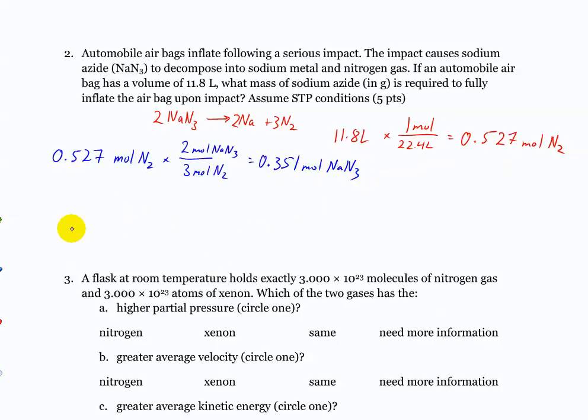Okay? And then 0.351 moles of sodium azide times the molecular mass of sodium azide. So sodium is 23 plus 28 for the 2 is 51. Wait, it's in 3. Oh, it's in 3, yeah, sorry. So it's 51 plus another 14, so 65 grams per 1 mole.